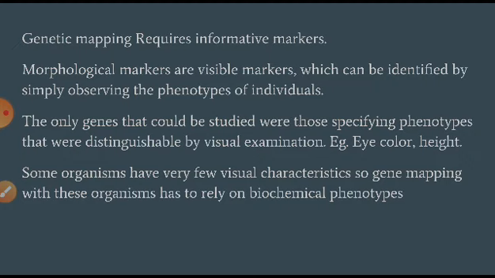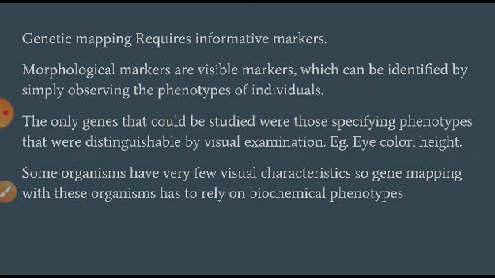It means you can only study those genes which give some kind of phenotype, right? Any gene responsible for something that is not visible, that kind of information you cannot identify. So you need something which can be converted into phenotypic information, or which is physically observable.